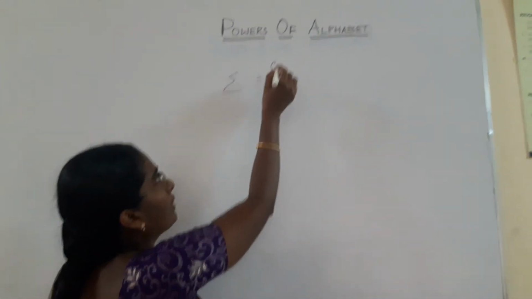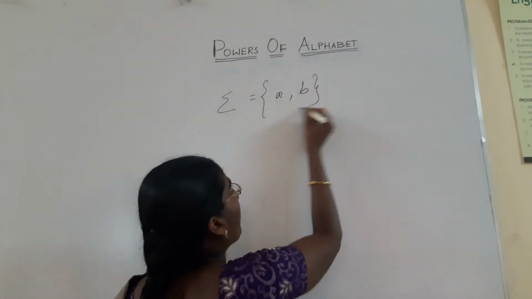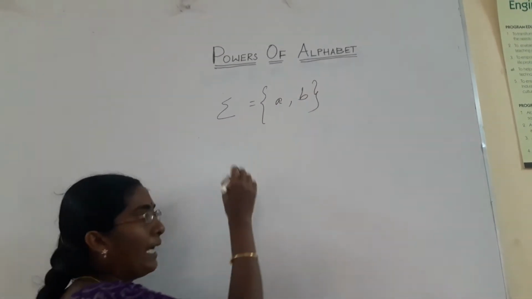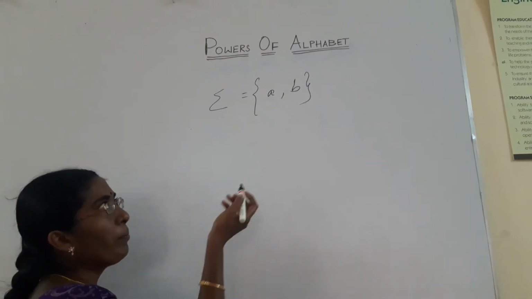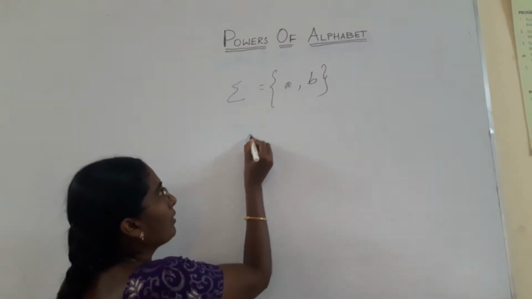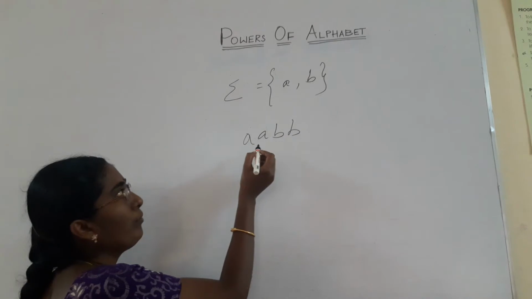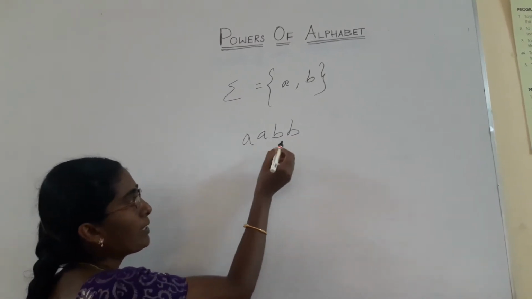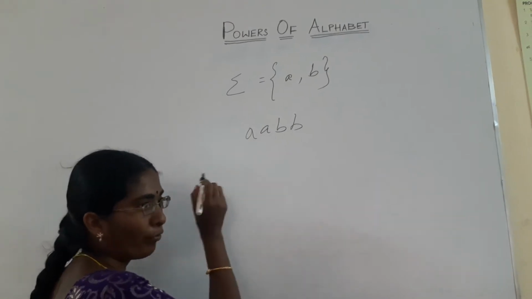Within the set brackets, if you give a comma b, it means a and b are the alphabets we are going to use in our language, right? What do we mean by language? If you have a string like a a b b, it consists of two a's and two b's, the number of a's equal to the number of b's.